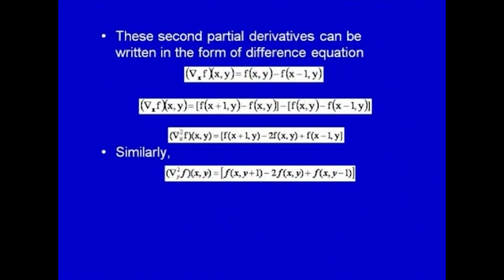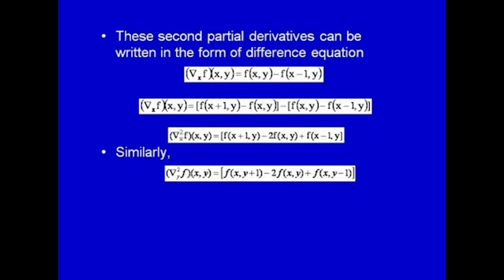These second partial derivatives can be written in the form of difference equations. The first partial derivative of function f is nothing but the function at x, y minus the function at x minus 1, y, or alternately it can be written as the function at x plus 1, y minus the function at x, y.